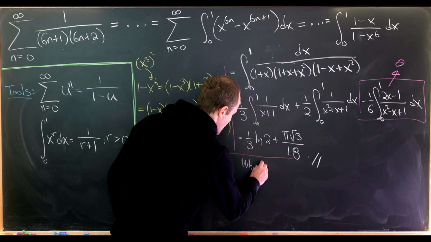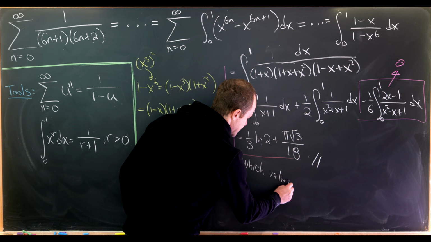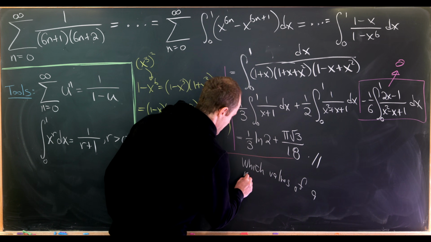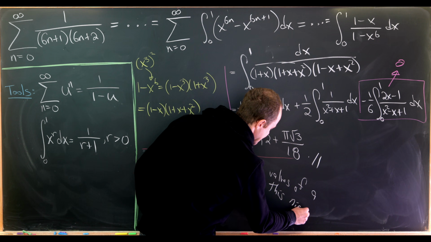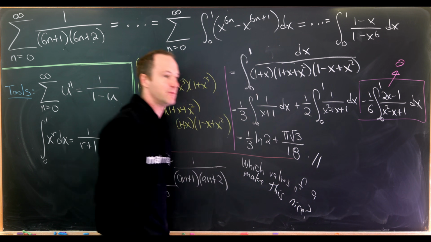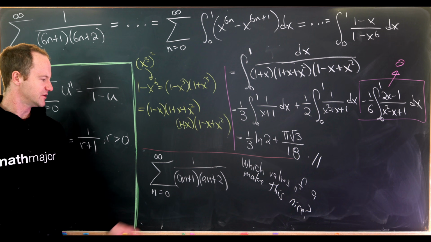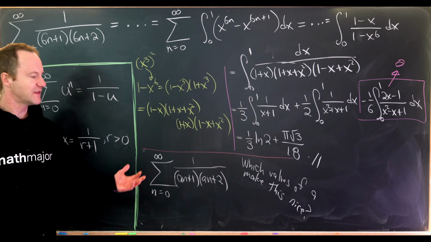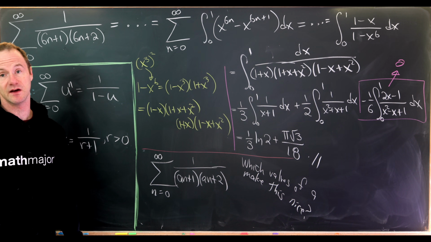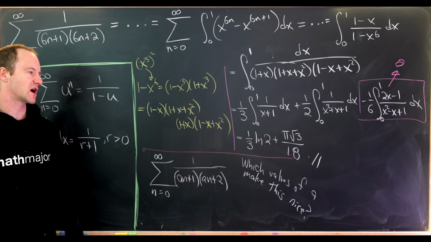So which values of a make this work out nicely? Maybe post in the comments if you find any other values. I think maybe a equals 4 makes this work out pretty nicely, but I think some simple exploration could find a few more. Like I said, post in the comments what you find.